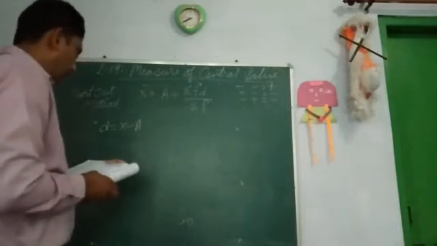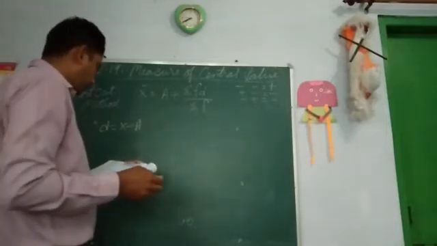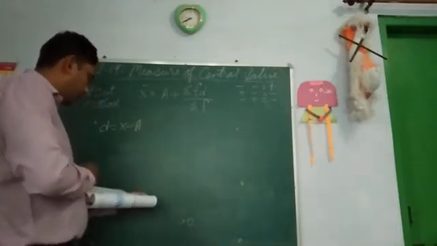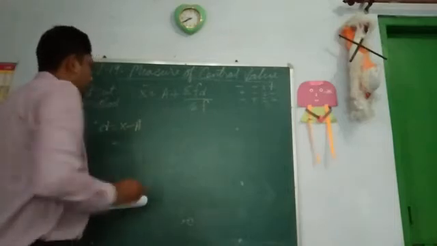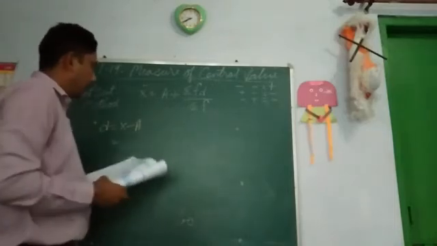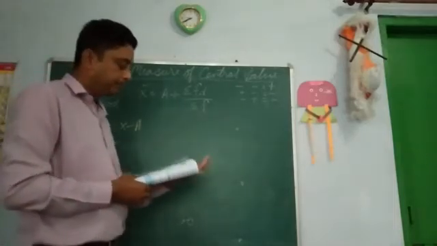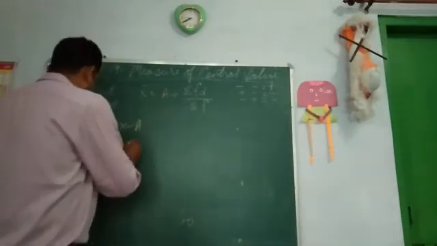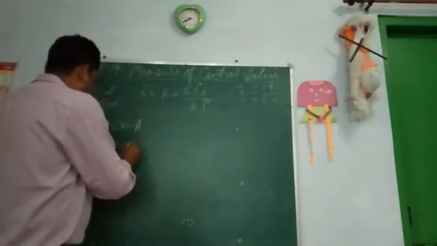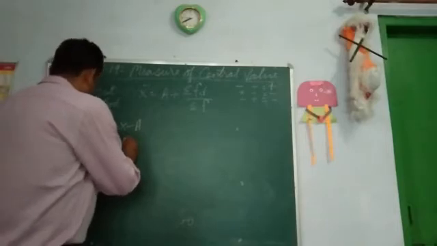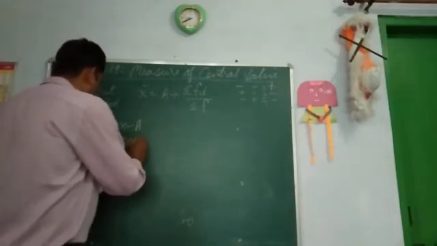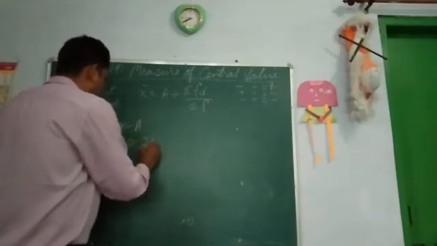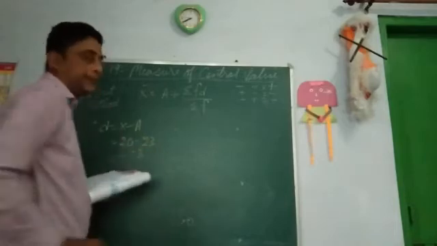So the assumed mean, if we see, is 23. Taking a as 23, x is 20, so 20 minus 23 would be minus 3.